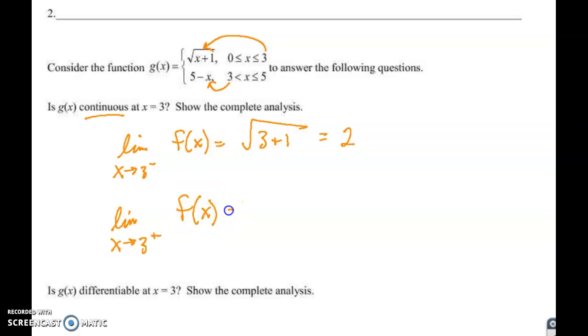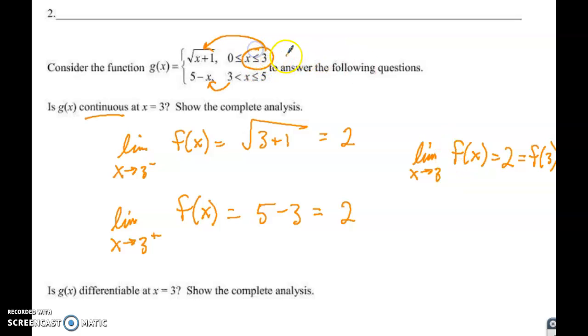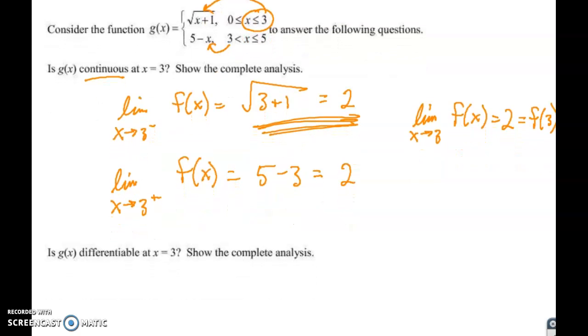And analytically, that is just 5 minus 3, the right side, which is also 2. So those things are equal. That means the limit exists. So the limit as x approaches 3 of f of x is equal to 2. And also don't forget to mention that that is equal to f of 3. Why? Because x is defined. It's the same work as right here. Okay, so it is continuous.